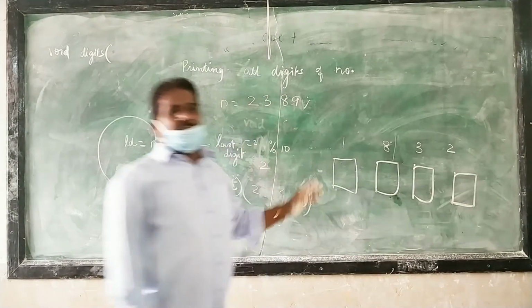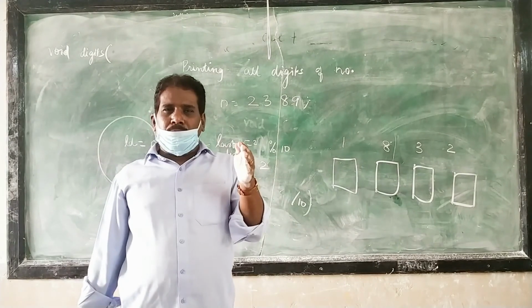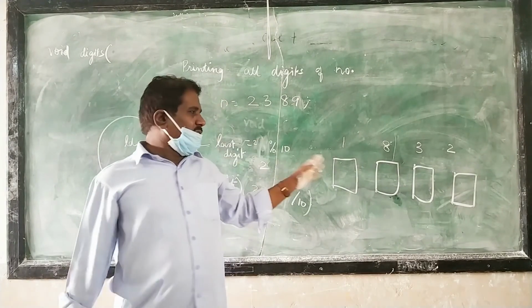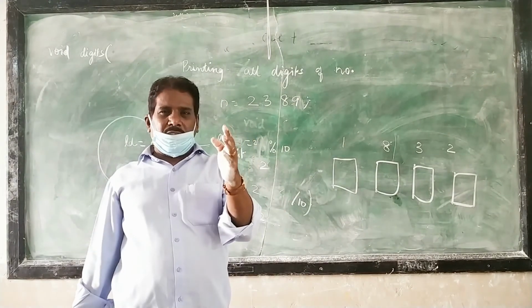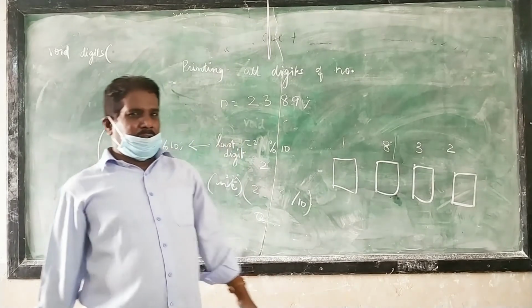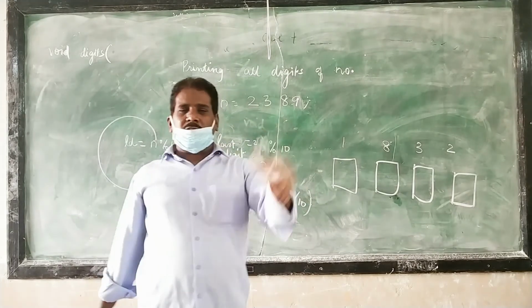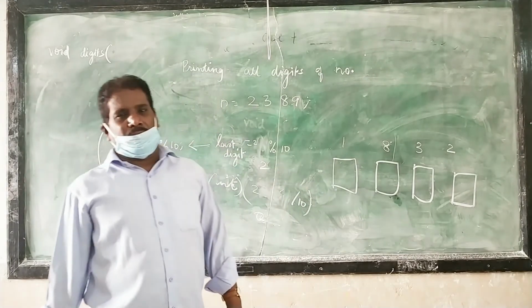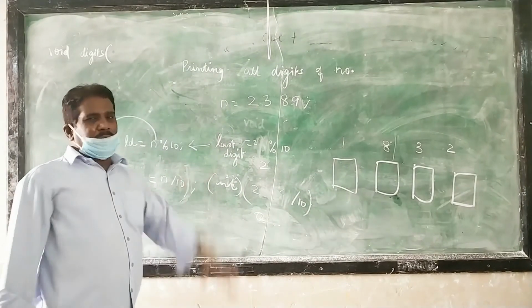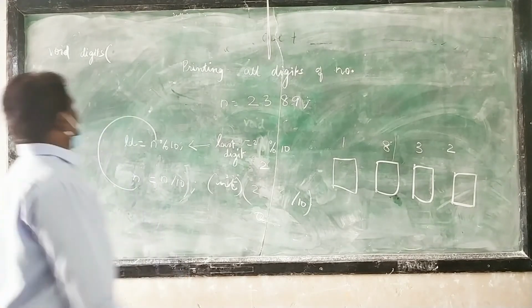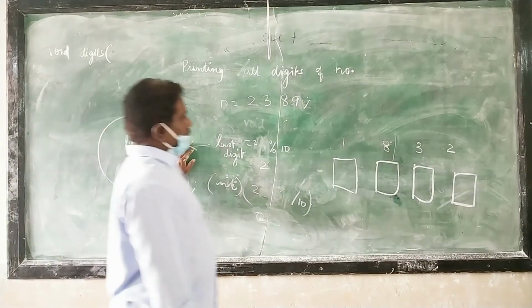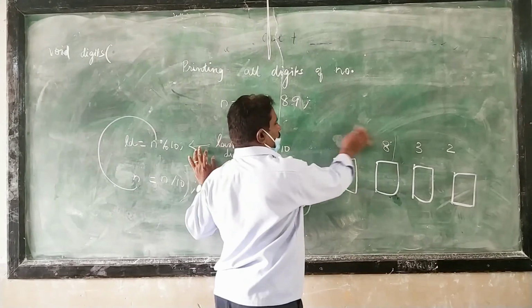If it is a 5-digit number, we have to repeat the process 5 times. If it is a 6-digit number, it means 6 times it is repeated. Isn't it? 6 blocks. So each block indicates the function should be called 6 number of times. So how many digits are there, that many times it is to be called. Isn't it?